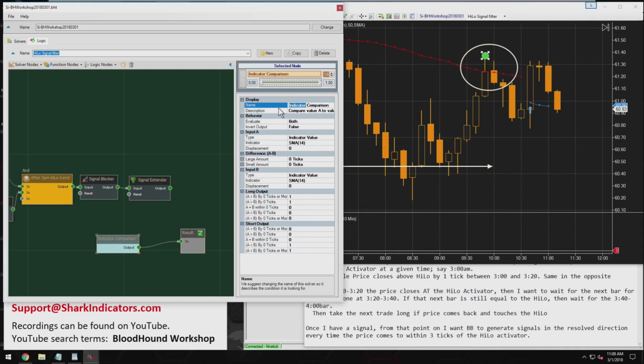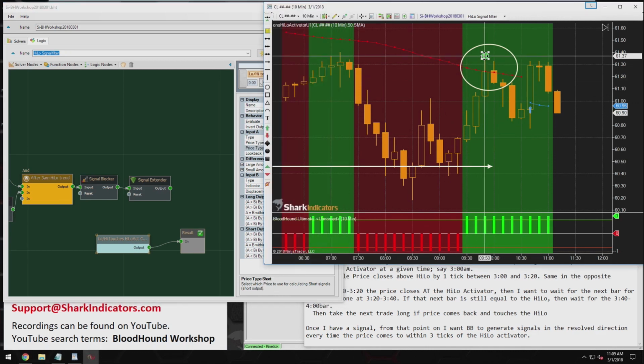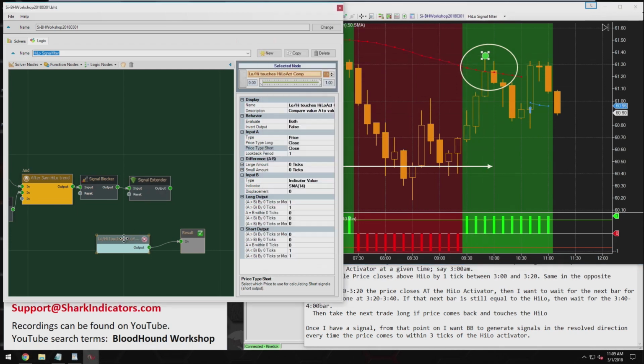And we're going to check to see if the low or high touches the high-low activator. Again, input A is going to be price. For short, we're looking at the high price. We're monitoring the high of the bar for a short, because the high of the bar is what's going to come up and touch the high-low indicator.